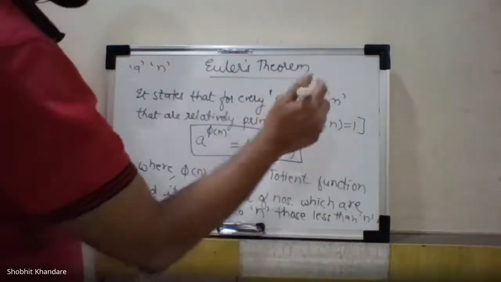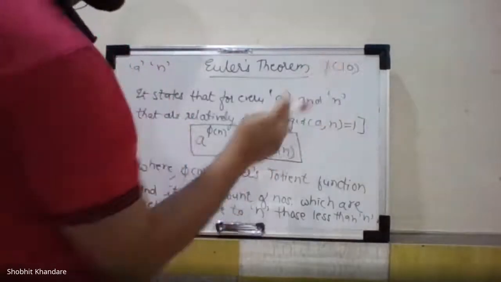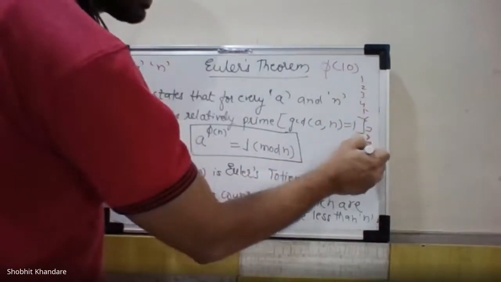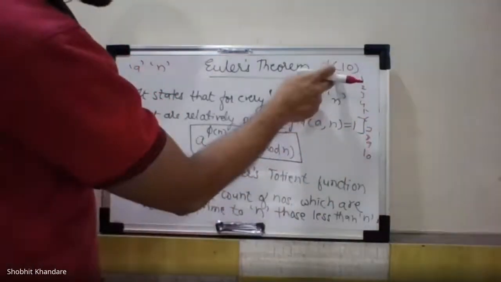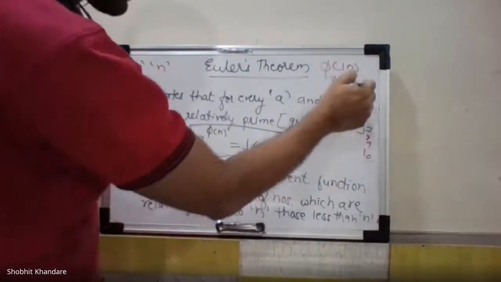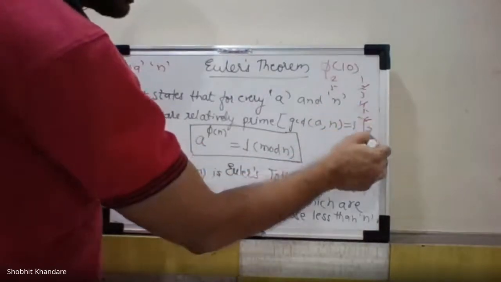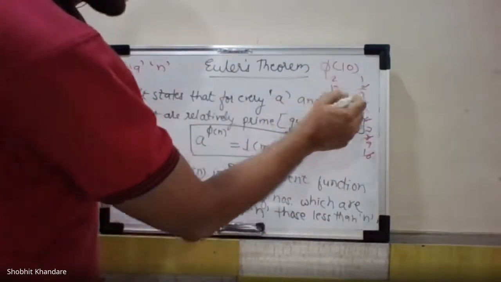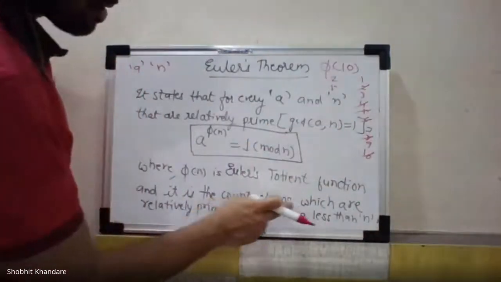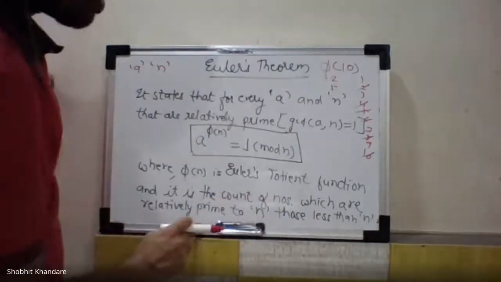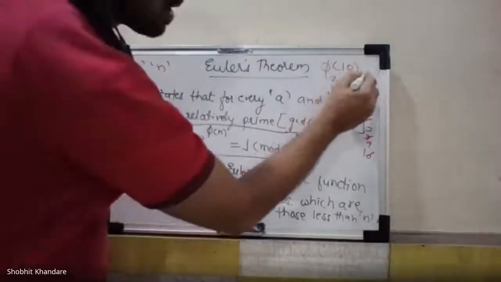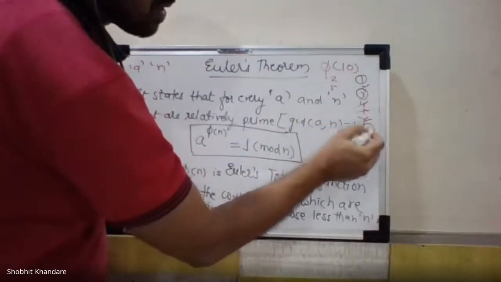If you remember, I told you phi of 10. You wrote 1, 2, 3, 4, 5, 6, 7, 8, 9, 10. Then you saw the factors of 10, that is 5 into 2. Then in the table of 2 we strike out the numbers 2, 4, 6, 8 and 10. For 5 also we strike out 5 and 10. And we count the numbers which are relatively prime. The numbers are 1, 3, 7 and 9.